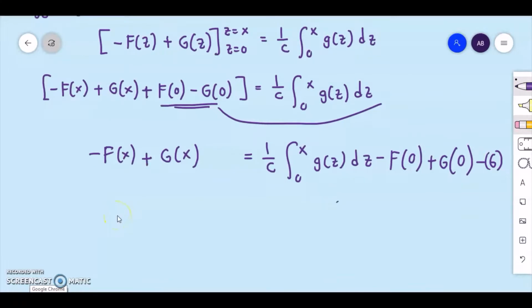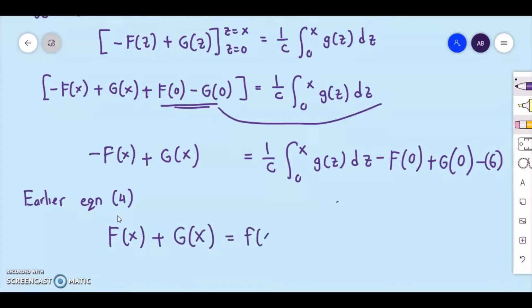So bring this to the other side, that will give me negative fx. Okay, so we have equation 6 and earlier we have equation 4 as this, fx plus gx with big G is equal to fx. This is when we obtain the first initial condition.